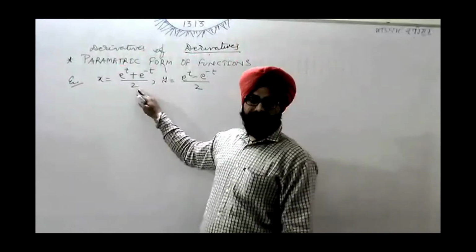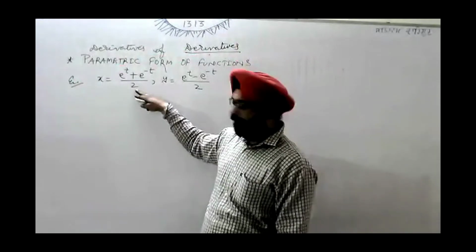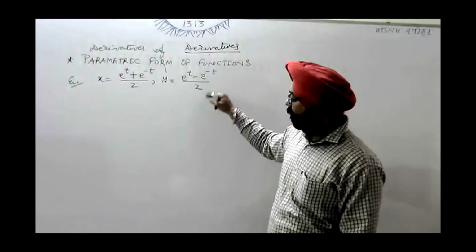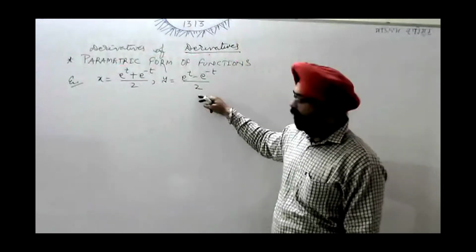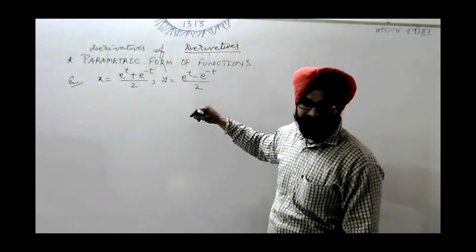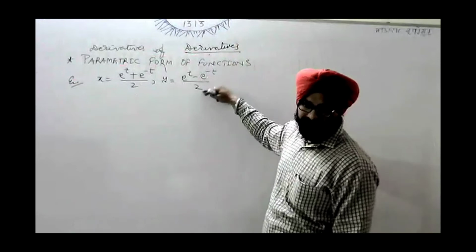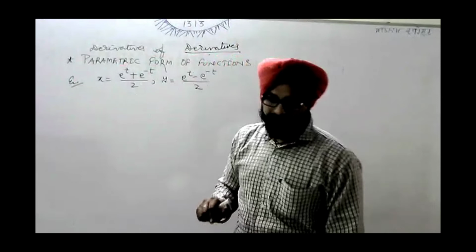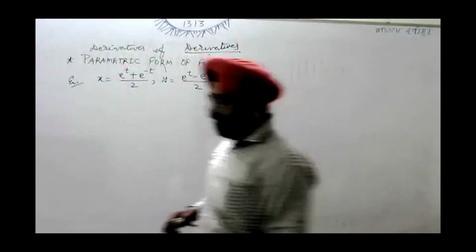We can see that the value of x has 2 in the denominator, the same as in y. If you apply the quotient rule, let me remind you, we apply the quotient rule when functions are given in division. In this condition also we can do it, but just to save your time, I will advise you.